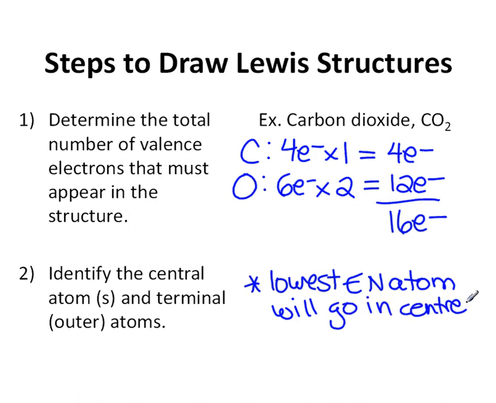This one should almost always work for you. But there's also another way. This works probably about 95% of the time. If you look at the formula, about 95% of the time, the element that comes first in the formula will be the one that goes in the center.